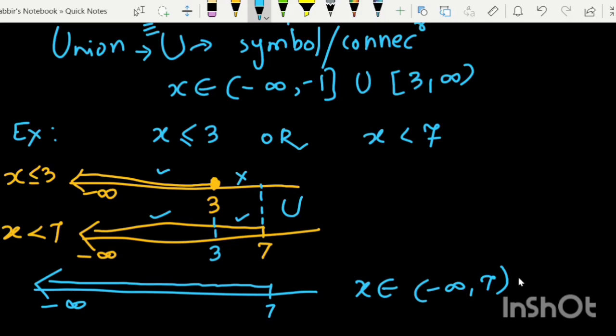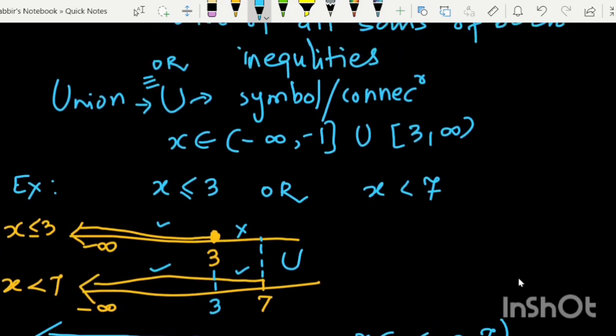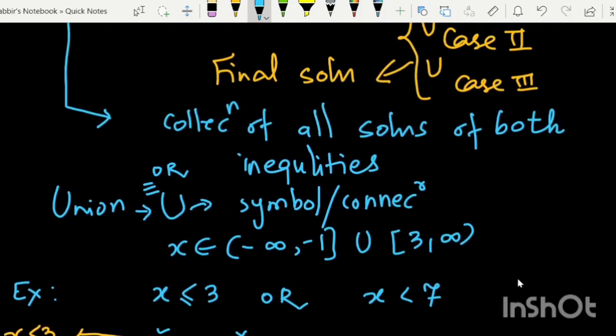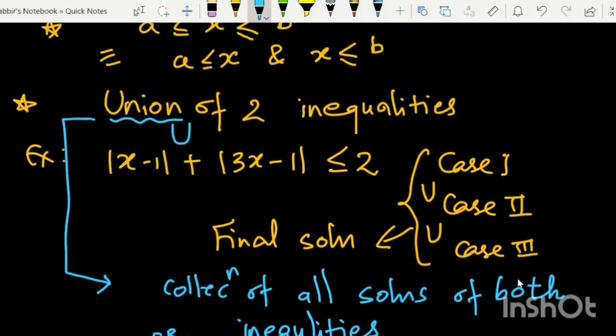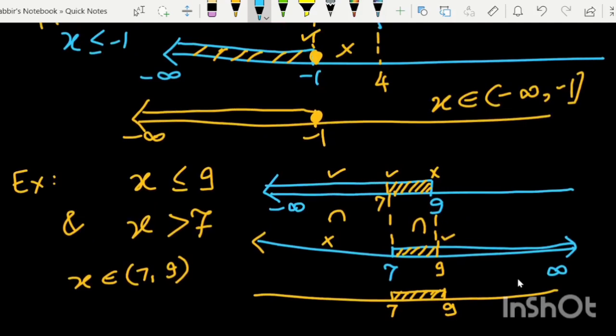So likewise we can do things. We can take some previous examples of and we can do them, we can take their union. Okay, like let's start with this.